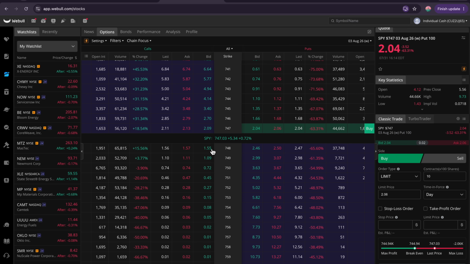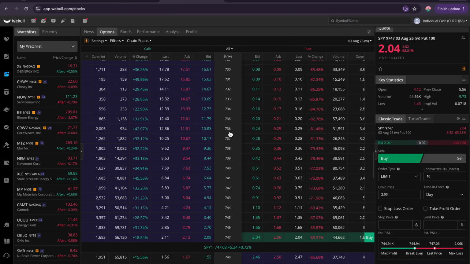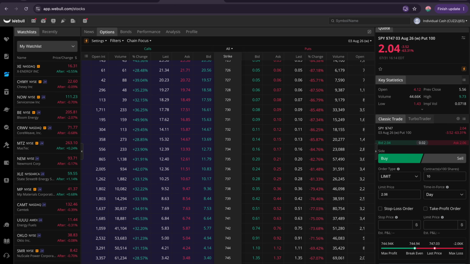So getting the understanding of the options chain is very, very important. I know it's overwhelming at first when you look at it, but just understand that these are strikes, this is where calls are, this is where puts are, this is in the money for the calls. Everything that's below 747 is in the money, so we have good value to it.